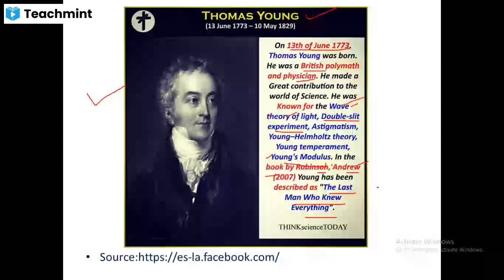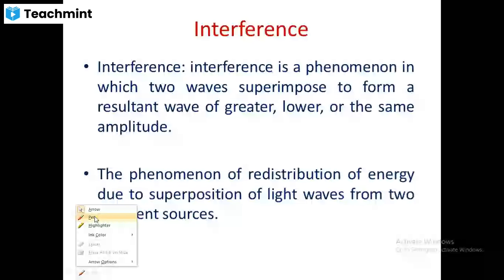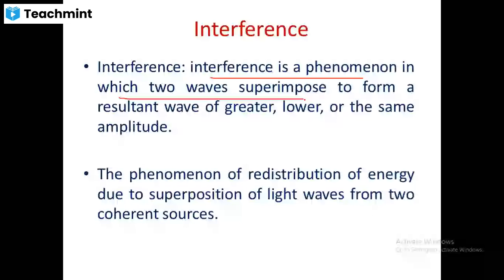Then let's look at the simple definition of interference. Interference is a phenomenon in which two waves superimpose to form a resultant wave of greater, lower, or the same amplitude.